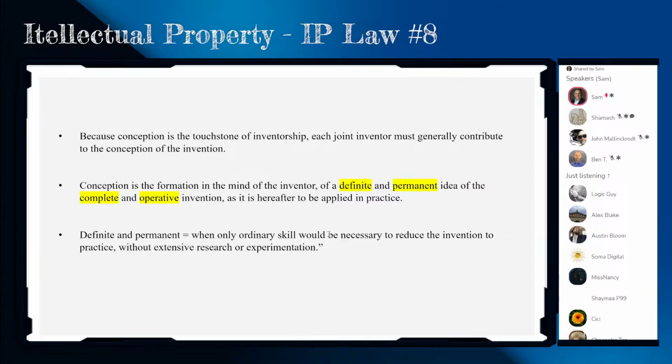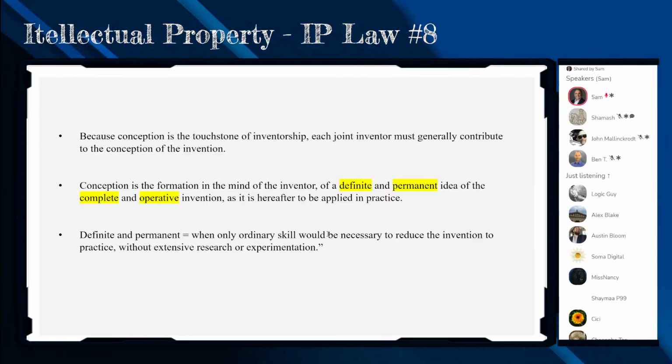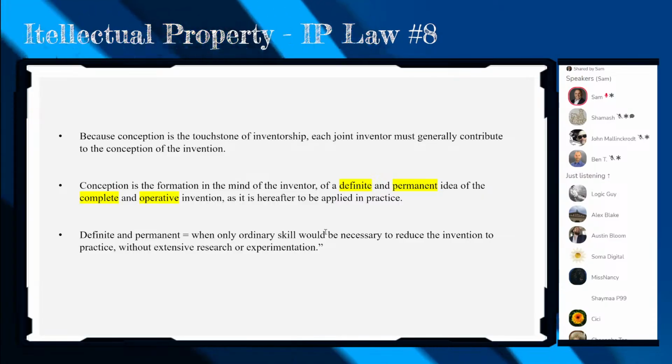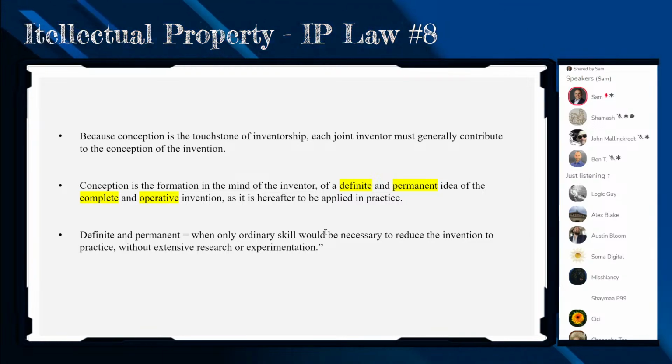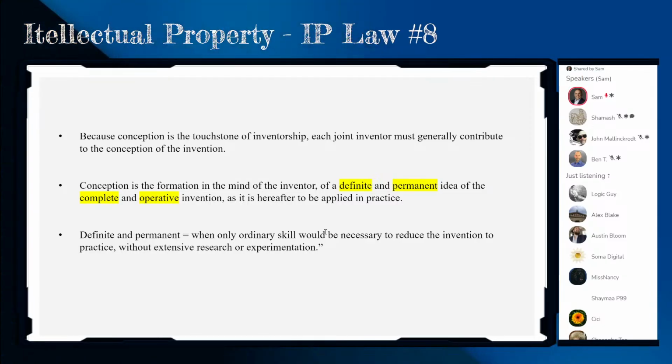So I can draw a molecule on paper, hand that molecule to you and say, this is a decent way of synthesizing this. And I write down a synthetic procedure for that molecule. If I now hand that to one of ordinary skill in the art, meaning someone who knows how to do organic synthesis, and they follow my synthesis procedure and they come up with a compound, then I am the sole inventor there.